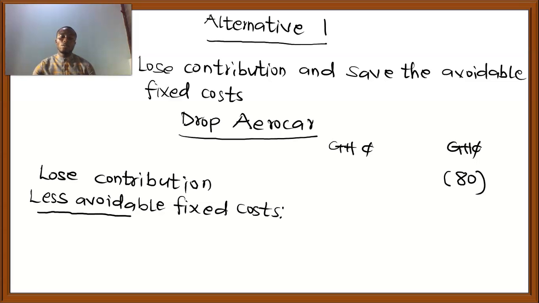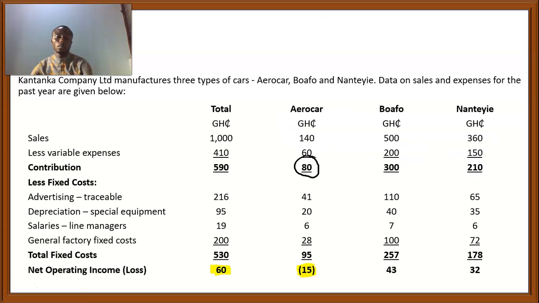These avoidable fixed costs, like I said earlier, are the fixed costs that the company is no longer going to incur if they decide to discontinue or drop a particular line of business. So let's go back to the question and identify the avoidable fixed cost. Under fixed cost, we have advertising, traceable.